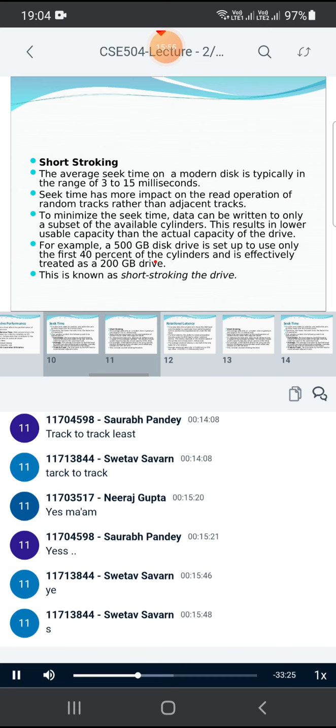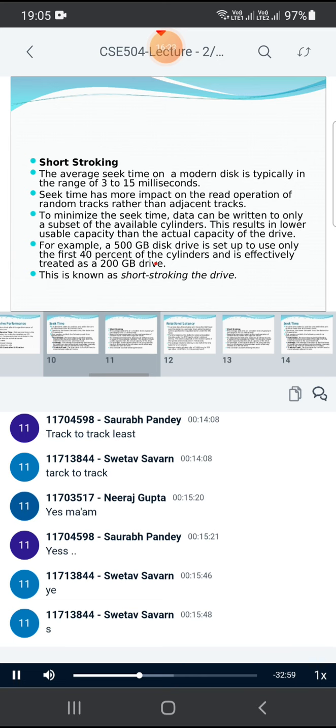And this process is known as short stroking. Basically we are reducing the usable capacity just for increasing the performance. Actually, we will not be reducing the number of tracks, but we will be using a lesser number of tracks. Instead of using all the tracks on the surface, we are just going to use a subset.